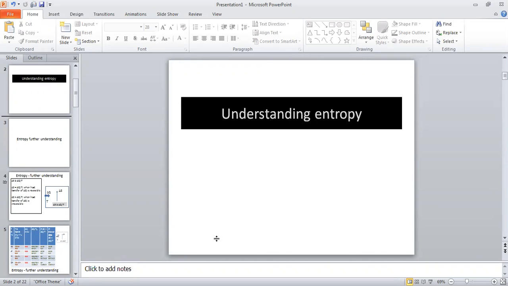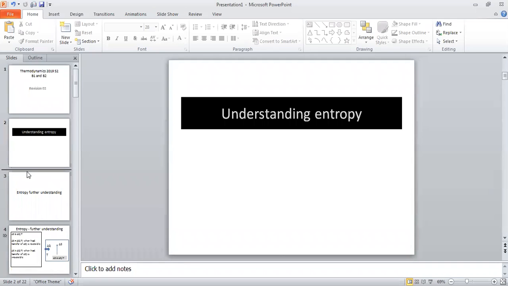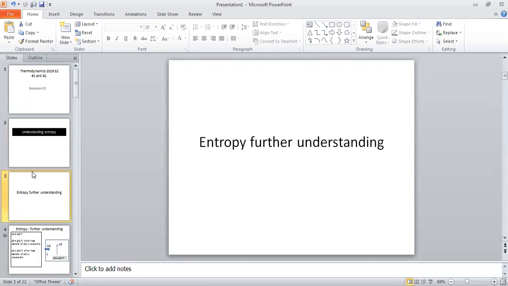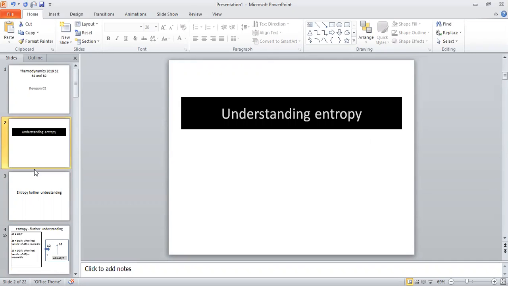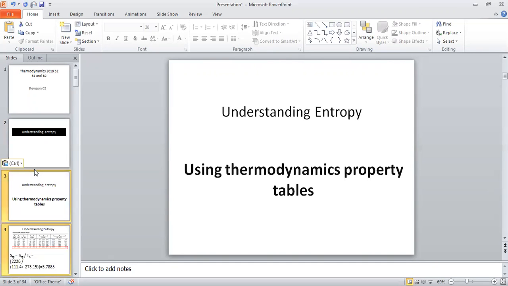And there is another note here. Because this is further understanding. Before that, there is another note, understanding entropy using thermodynamics property tables.